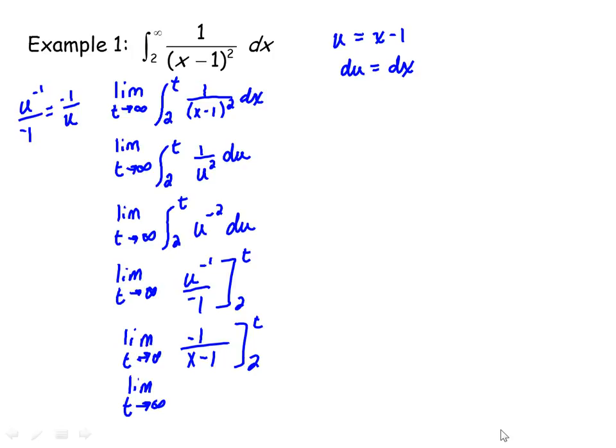Okay, here's another Cal 1 question. When I actually apply my boundaries, when I actually plug my boundaries in, it's something minus something. Can you tell me which minus which? Top minus bottom. So we're going to have negative 1 over t minus 1 minus negative 1 over 2 minus 1.